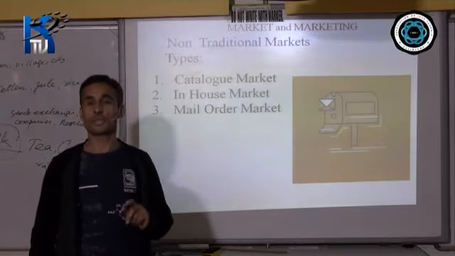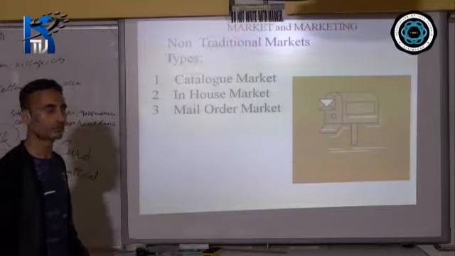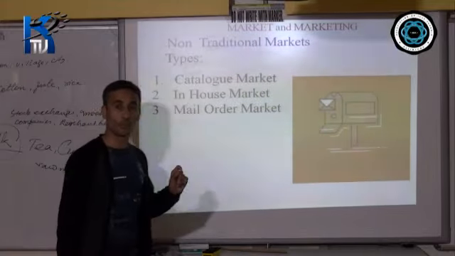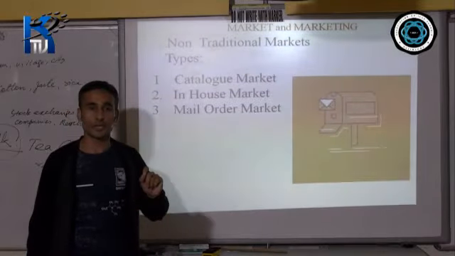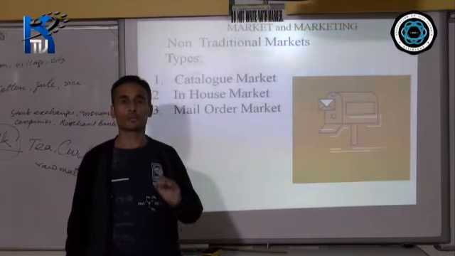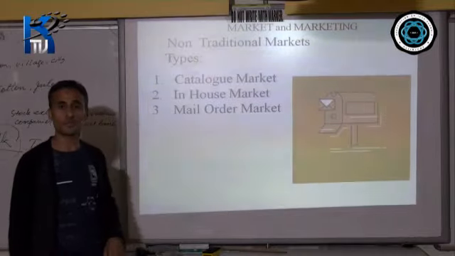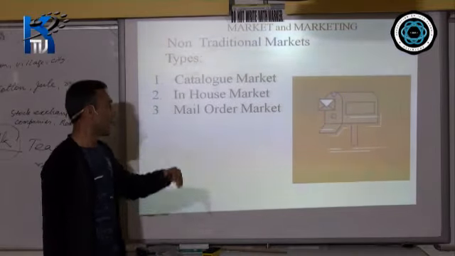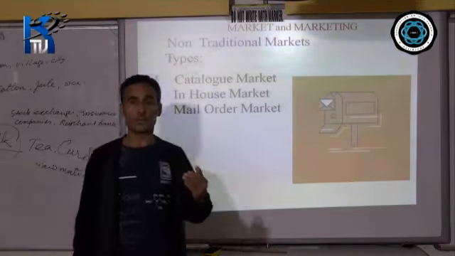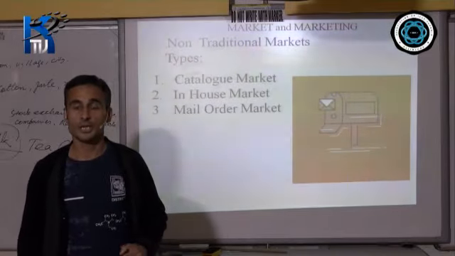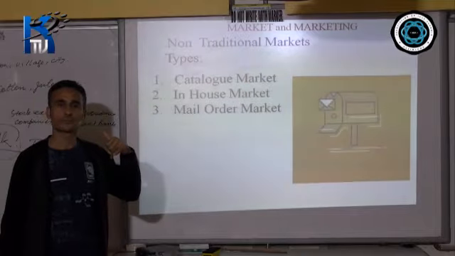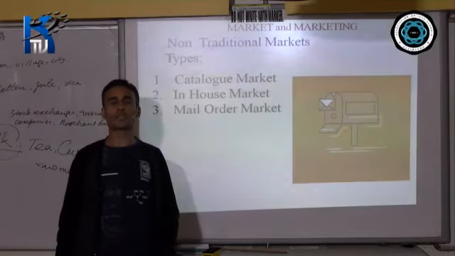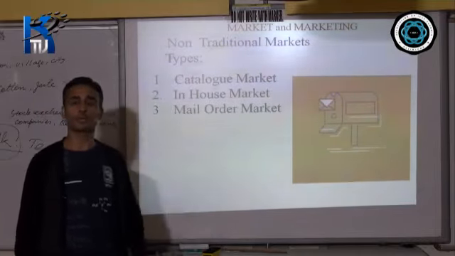Email will be sent to the potential buyer, explaining about the product, providing entire information with regard to that product, even the price, delivery, payment. And if the potential buyer likes the product, he might place the order over the telephone, and the products will be sent or delivered to him through courier.